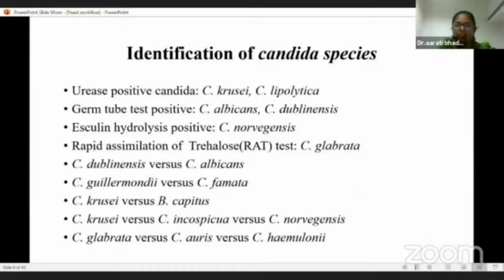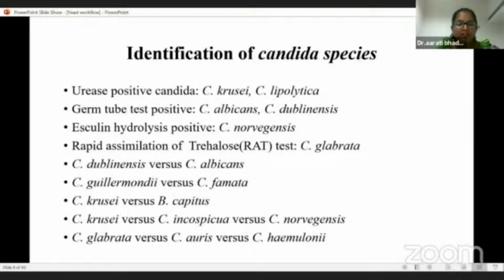So for the identification of Candida species by conventional methods, we can do the following. Urease test is positive in Cryptococcus or Candida krusei and lipolytica. Germ tube test is positive in Candida albicans and dubliniensis. Esculin hydrolysis is positive in Candida norvegensis. Rapid assimilation of trehalose test is positive in Candida glabrata.